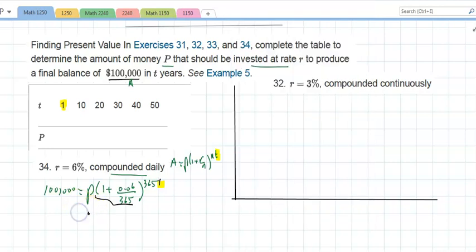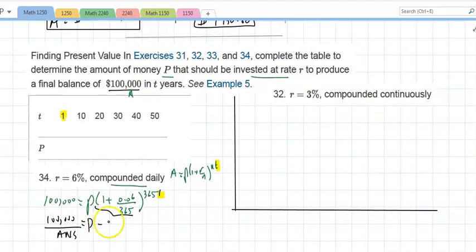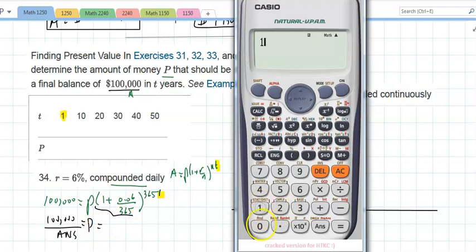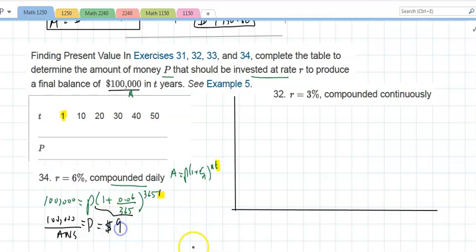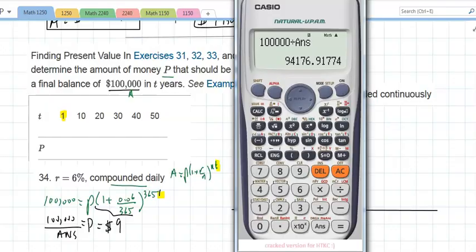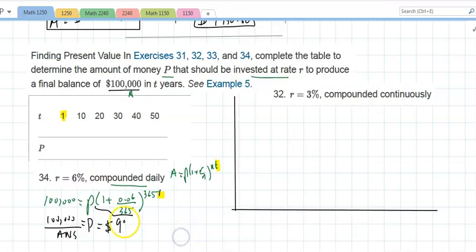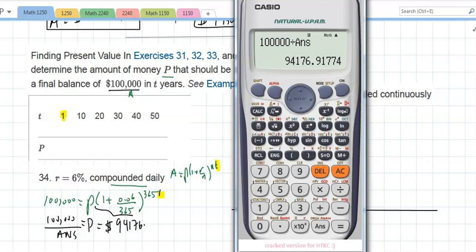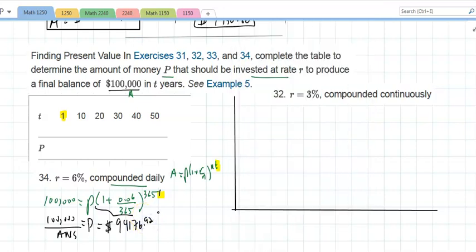So all I have to do is say P equals 100,000 divided by my answer, and that gives me 94,176.92. If I deposit that much in a bank paying 6% interest compounded daily, at the end of the year I'll get 100,000.